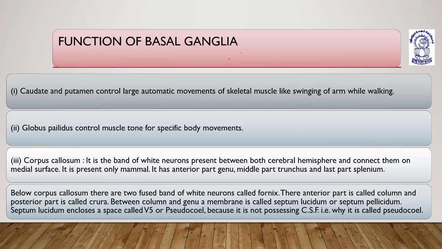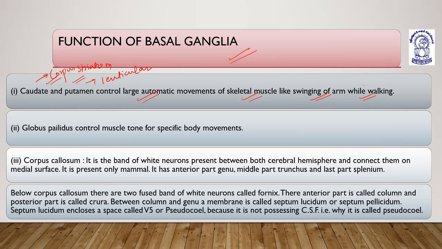Functions of basal ganglia. What are the different functions of the basal ganglia? The caudate nucleus is part of the corpus striatum, and putamen is part of the lenticular nucleus. They control large automatic movements of skeletal muscle, like swinging of the arm while walking.